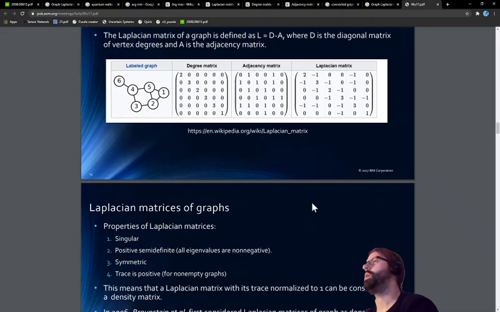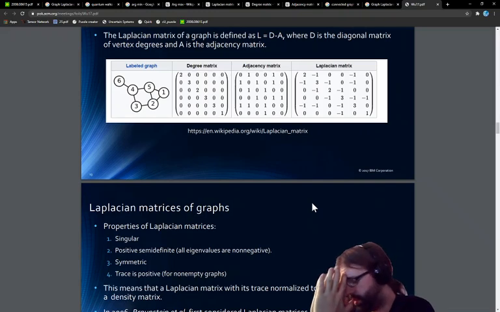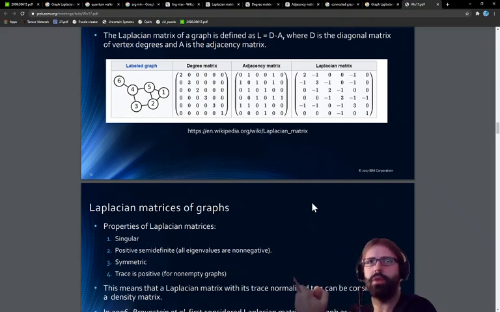Okay, so what it means is that, it's interesting. So it means that this Laplacian graph is a way to describe a state, as in a not pure state, or pure state as well, right?